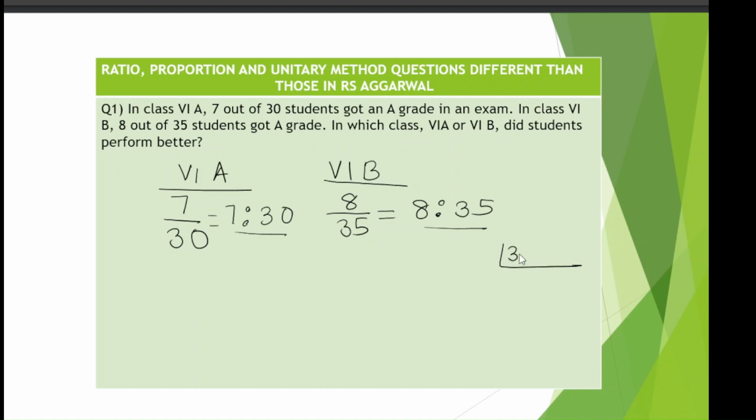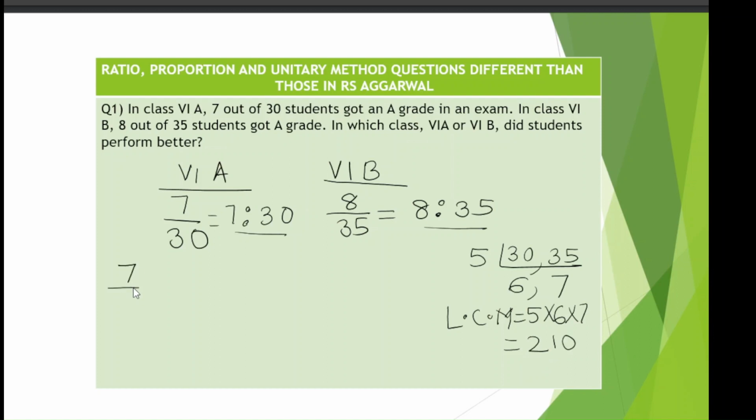So let's find LCM of 30 and 35 so that we can make the denominator the same. 5 6s are 30, 5 7s are 35. Now LCM will be 5 multiplied by 6 multiplied by 7. So what will it be? 5 6s are 30, 30 multiplied by 7 is 210. So we have to convert the denominator to 210.